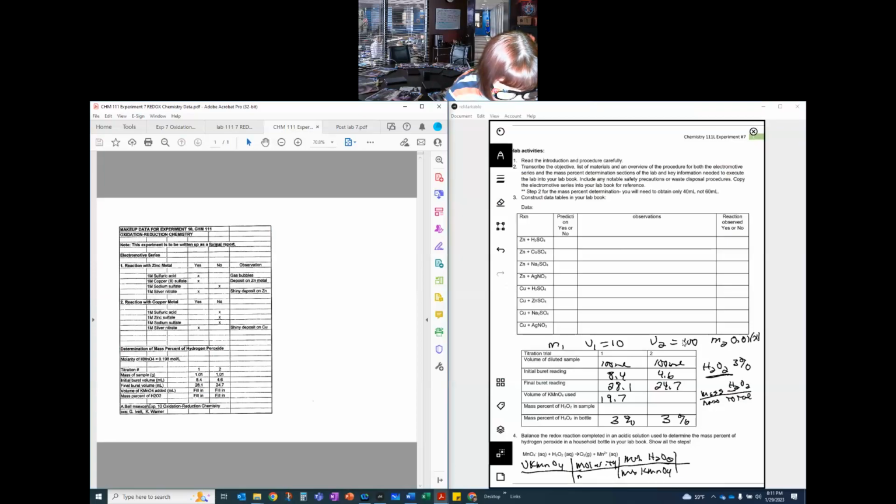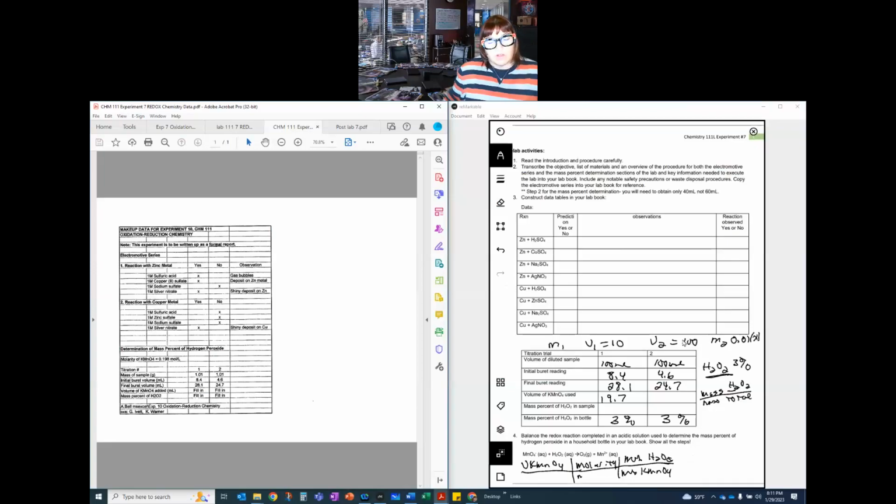Once you have moles, you can divide by your original sample volume, which here is 100 milliliters, and of course you'll need to convert that to liters. Actually, you don't need to do that because you don't want molarity. They ask for mass percent, so you want a mass.